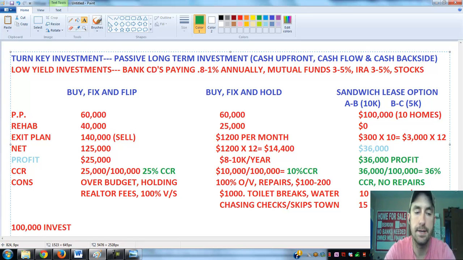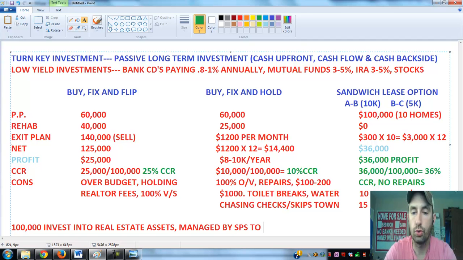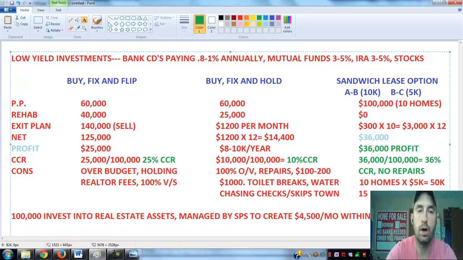Invest it into real estate assets managed by my company, Schwab Property Solutions, to create a typical $4,500 per month return within 2 years. Where can you do that? That's what sandwich lease options are about.